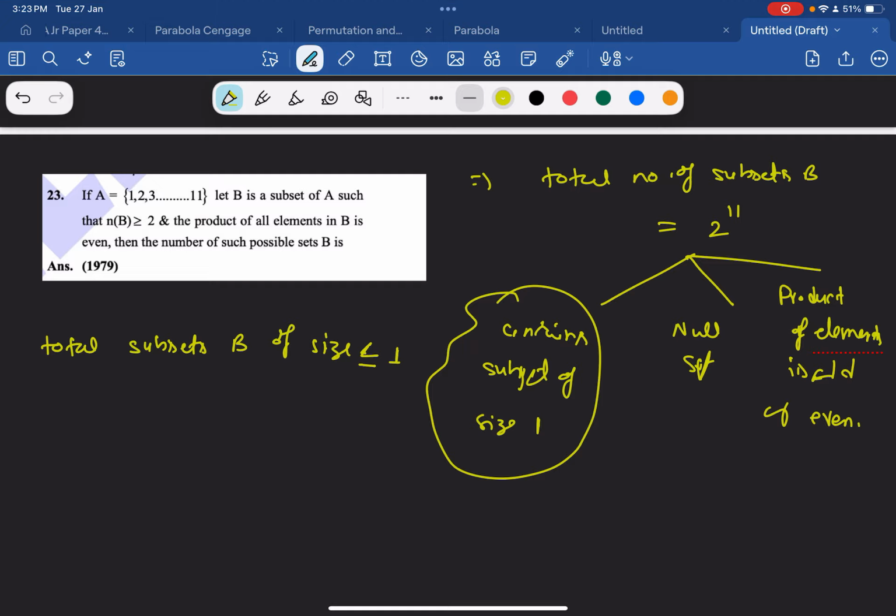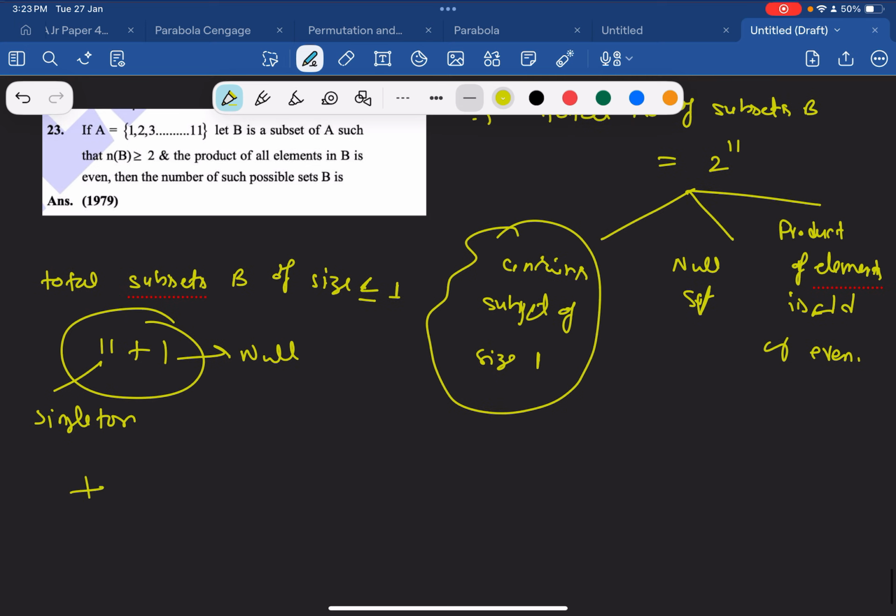How much can you write here, tell me? Singleton 1, singleton 2, singleton 3, until singleton 11. So total 11 we are going to get, and one null set, so plus 1.